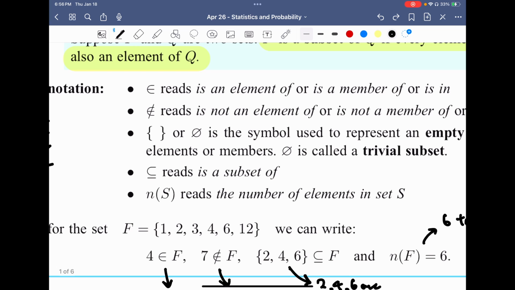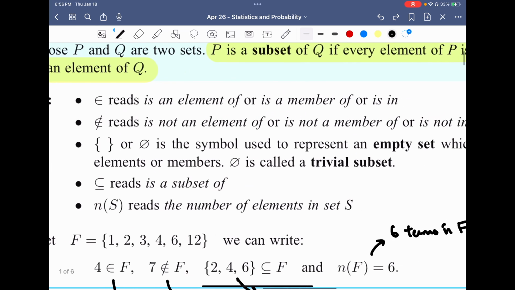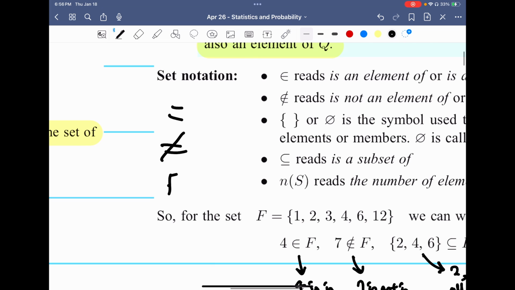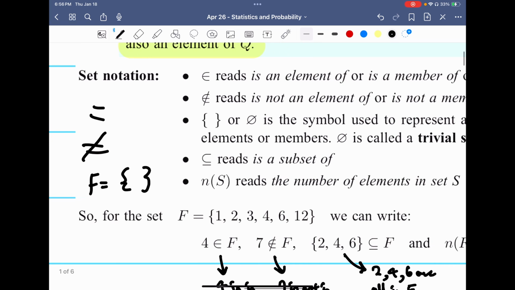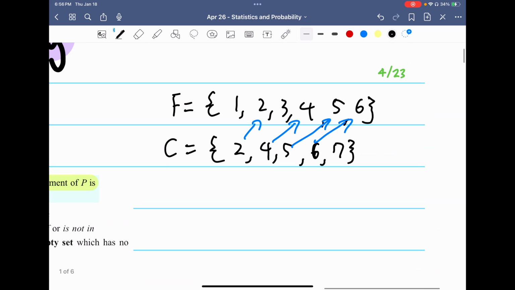This notation is used to express that the set is empty. So if I just said F equals blank, then F does not have any numbers. And this reads that it's a subset of. So in this case, if we bring back C as a subset of F, we will say C is a subset of F.